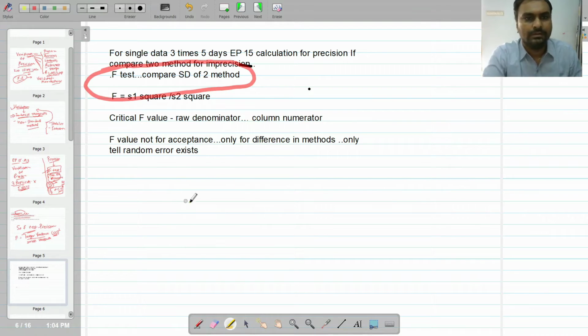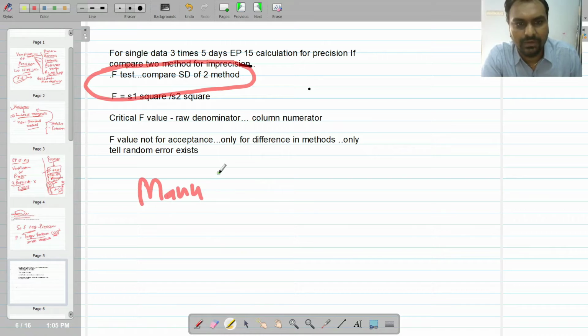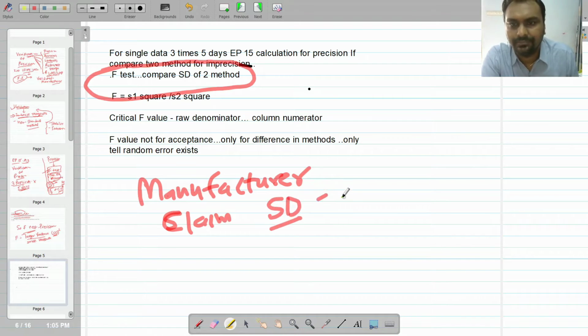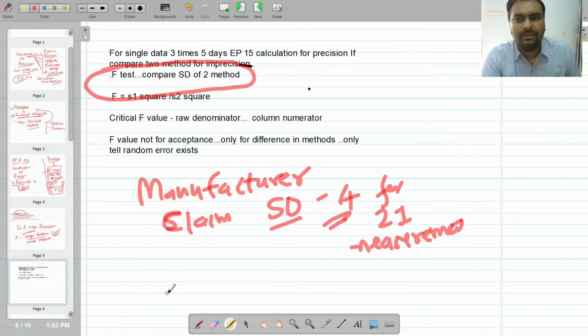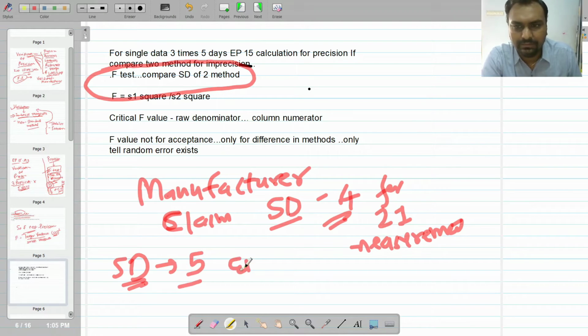Suppose the manufacturer's claim for SD is 4 for 21 measurements, while when we perform the measurements, we got an SD of 5 at 31 measurements.